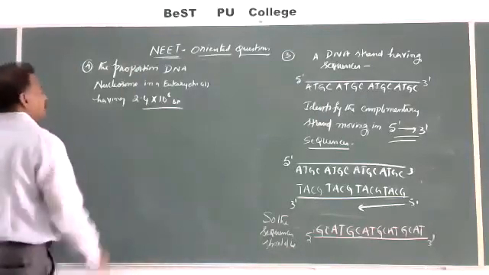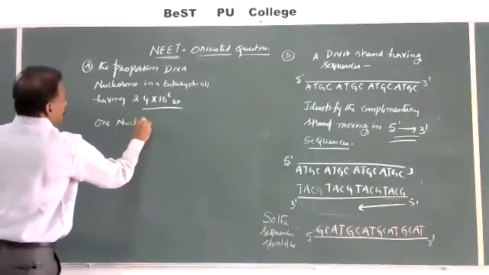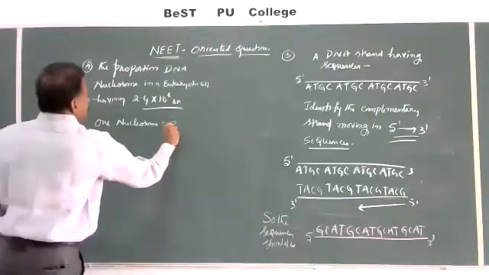Based upon that, one nucleosome is equal to 200.